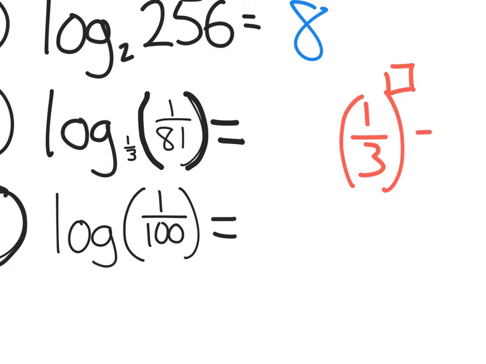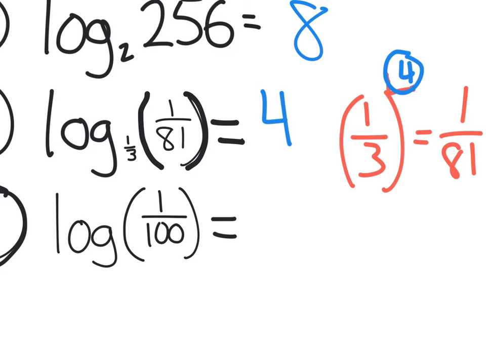You don't know the power, but you know your answer. You want it to be 1 over 81. If you put a 2 right here, 1/3 times 1/3 is 1/9. That doesn't give you 1 over 81. You keep going, 3, 4. So 4 would be your answer, because if you go 1/3 times itself 4 times, it will give you 1 over 81. So the answer is 4 on this one.